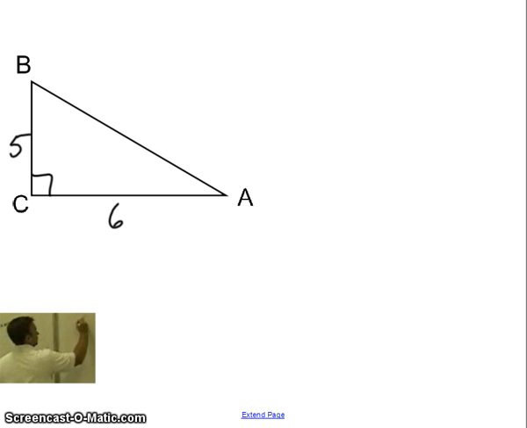Let's look at the next one. I want to find A, and all I have is the opposite side and the adjacent side. So that's tangent. So tan A equals the opposite side, which is 5, over the adjacent side, which is 6.